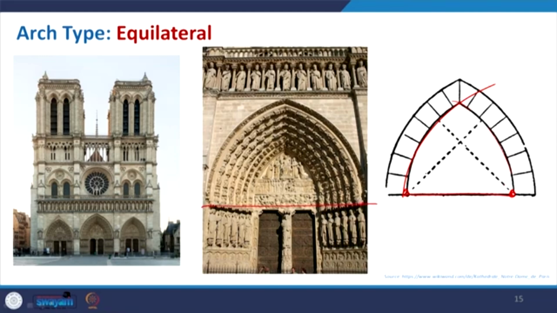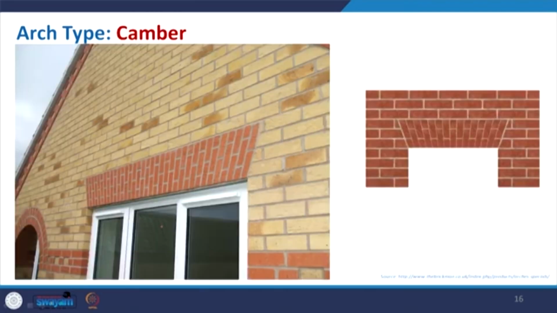If you make the circles, this basically creates an equilateral triangle, and this arch form is called the equilateral arch. You can see here the example of the church, and mostly such arches are used in Byzantine and Gothic architecture.